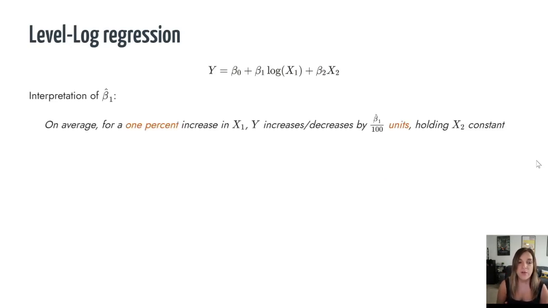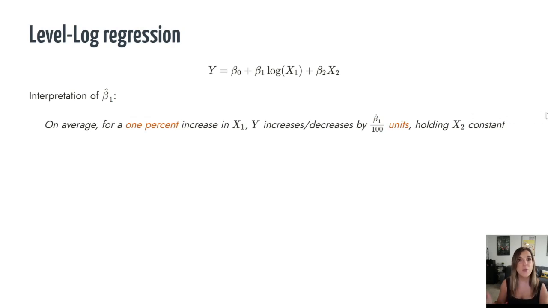On average, for a 1% increase in x1, y increases or decreases by beta 1 over 100 units, holding x2 constant. Again, the two key things here are that x1 is in a log, so this will change in percentage terms, and y is not, so this is going to change in units.